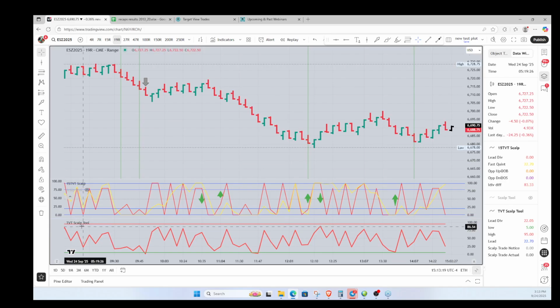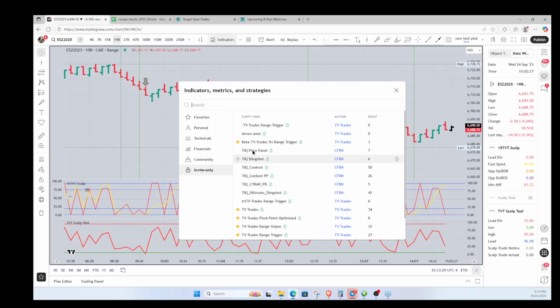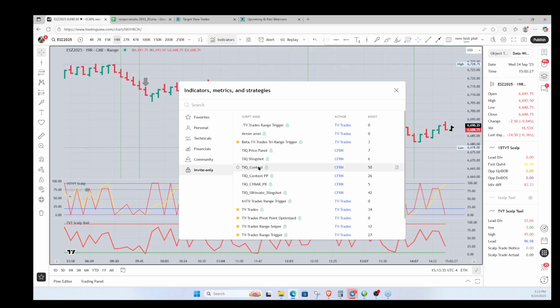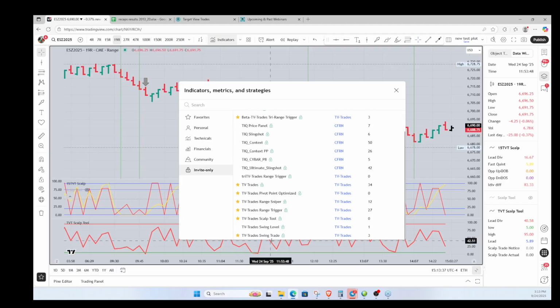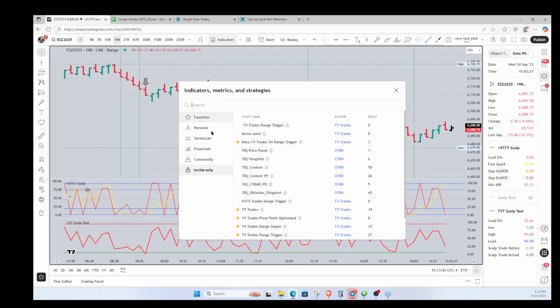You don't have the tool yet, but when I authorize it for you, Jim, it'll show up in your indicators invite only section. Okay, where is that one that I did today? I did it on another computer, and it's not showing up here because I haven't refreshed my charts.